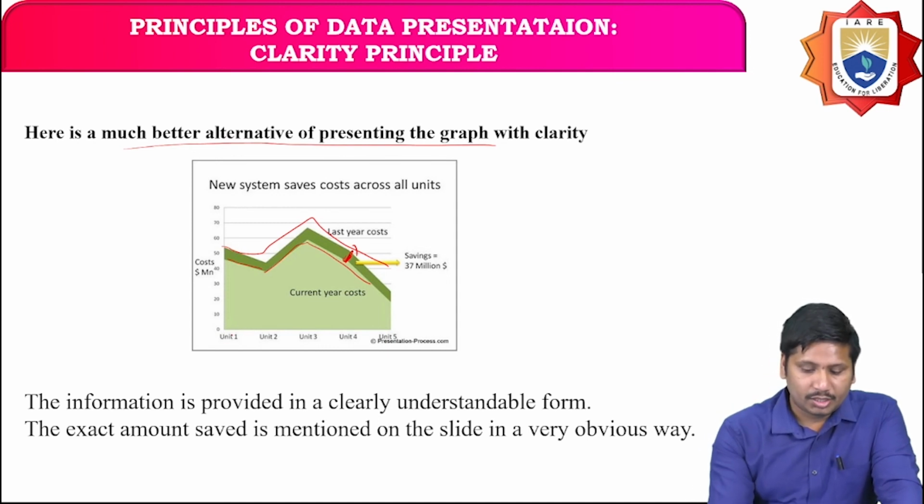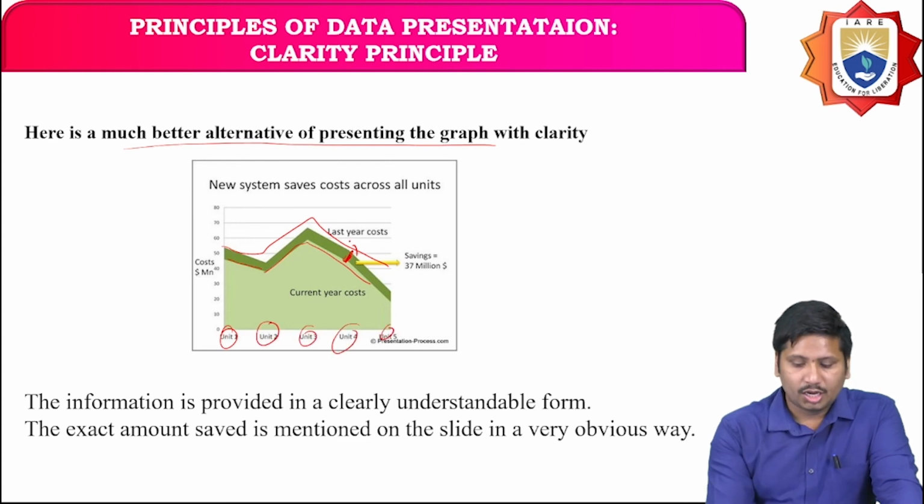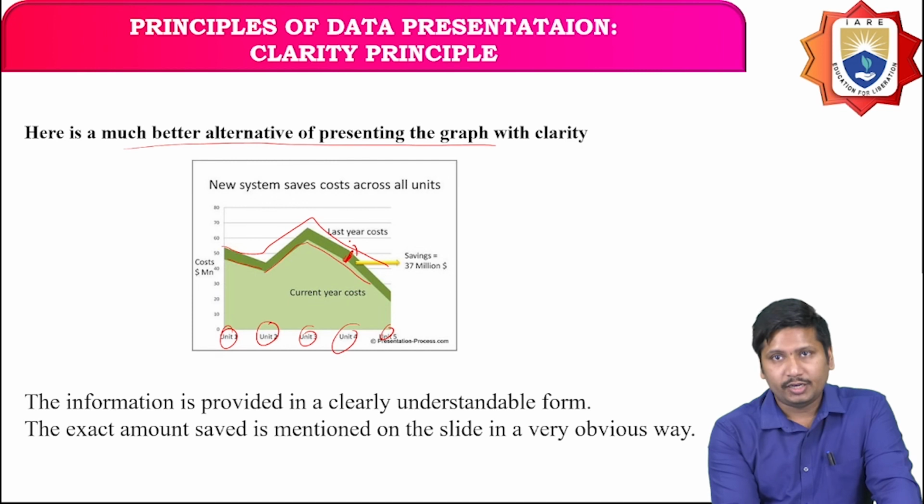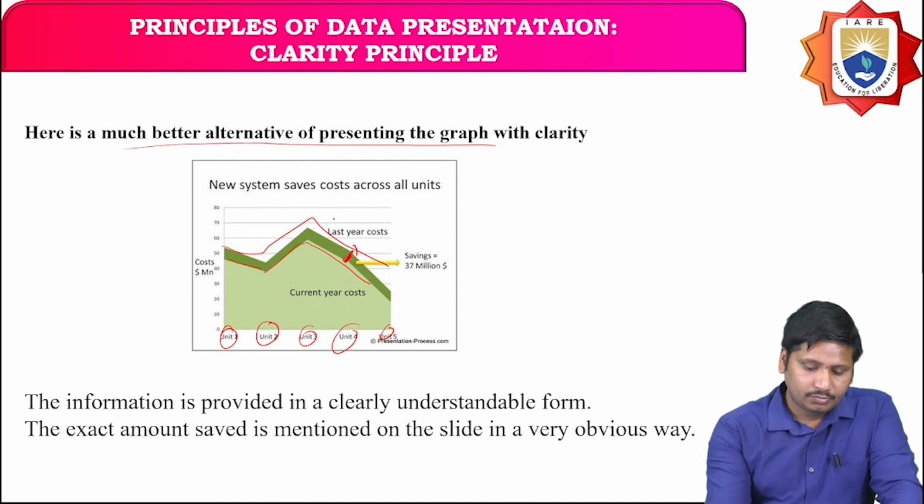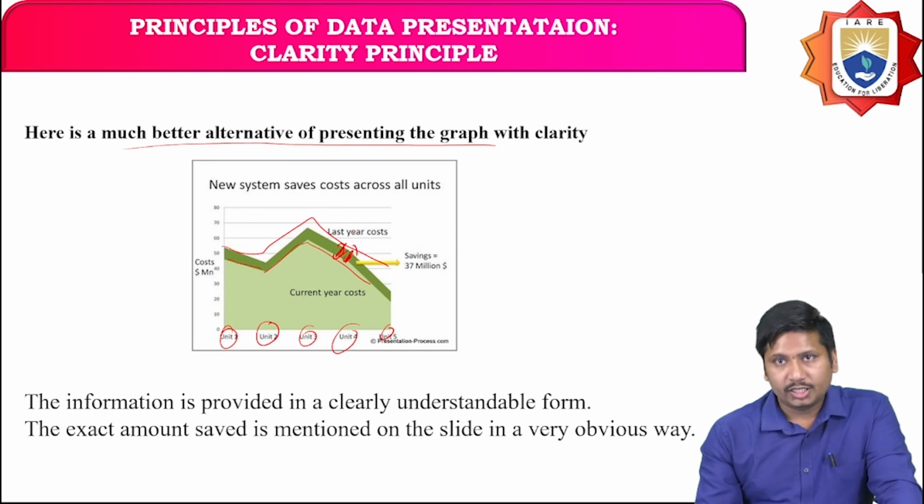So I'm going to represent it unit wise, and the same thing I have drawn as the line graph, the 3D line graph. The difference is going to be represented, whether it is a very minute difference or a large difference, and by seeing this graph we are able to identify it.